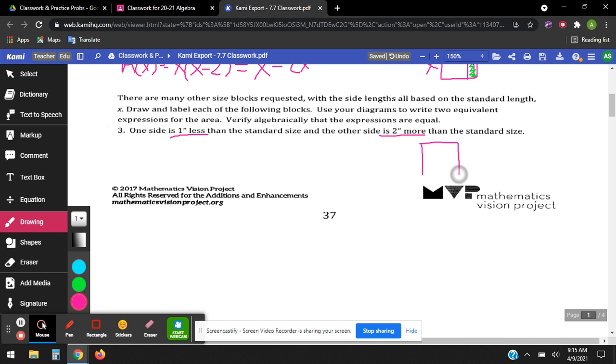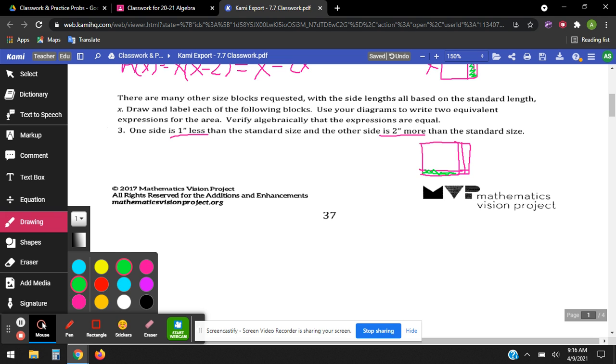So here's our standard. One side is 1 less. The other side is 2 more. Okay, so I need to take away the one side here, and I'm adding the other ones.